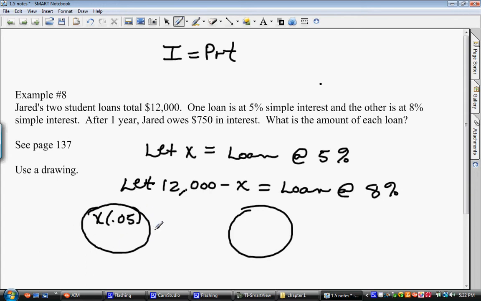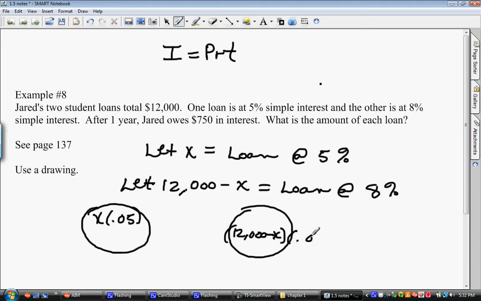This circle will represent the interest in the other one. Principal, which is 12,000 minus X. I'm not going to be able to fit it in my circle. Principal times rate, which is 8%, and again times time, which is 1. Now we have both of these things that represent the interest.